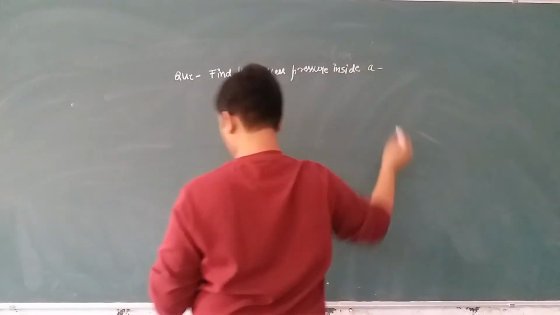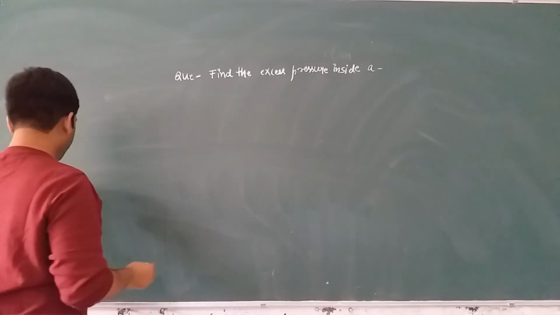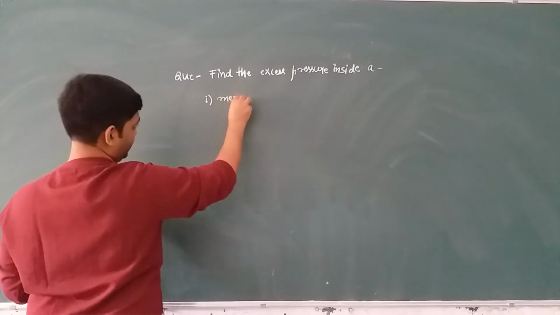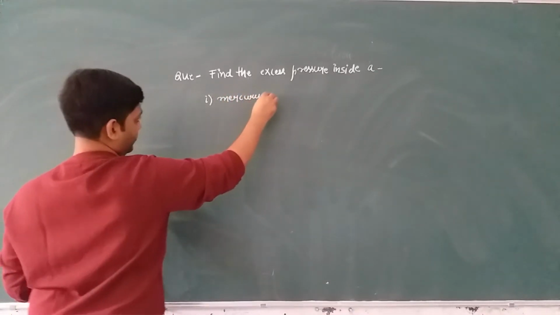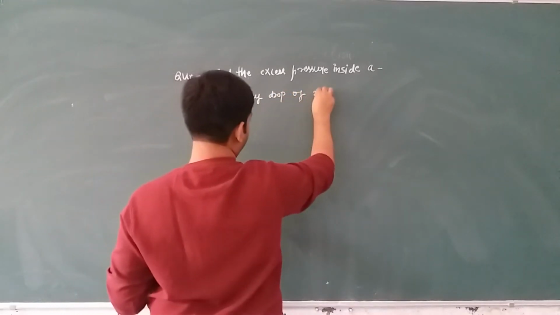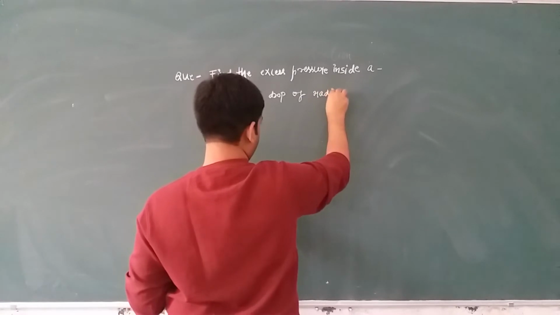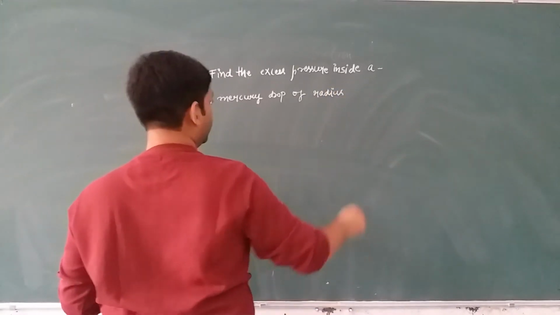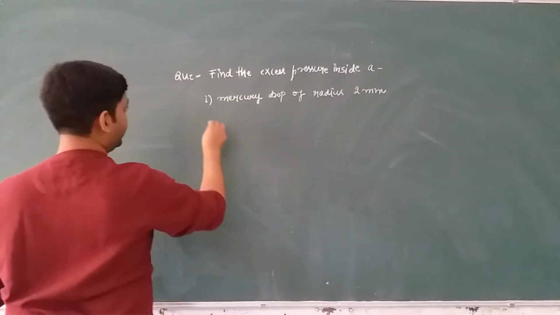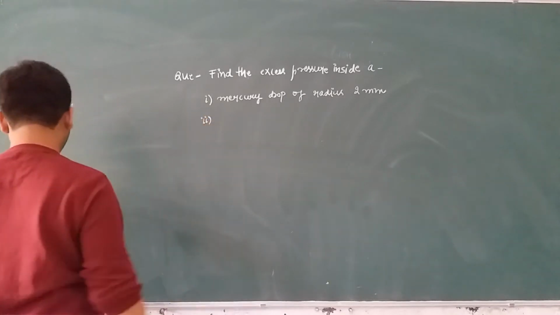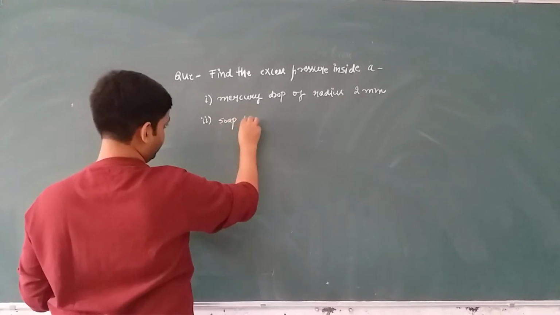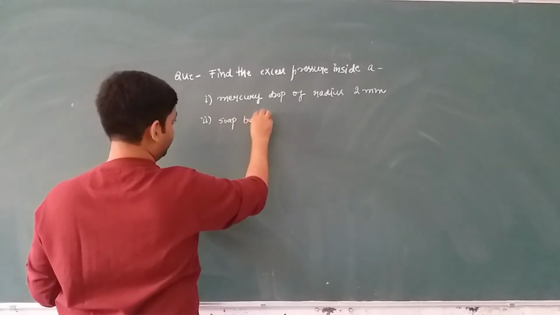inside a, first part, mercury drop of radius 2 mm. Second is soap bubble of radius 4 mm.